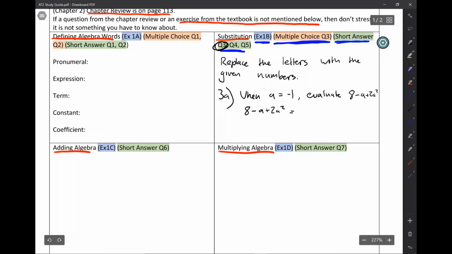I'm going to replace all my letters with the given number. And then I'm going to solve the problem.